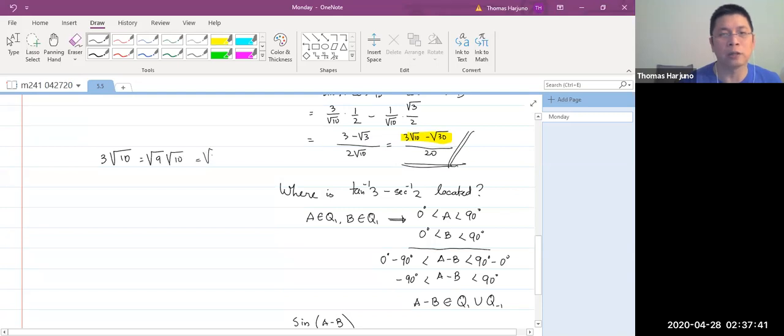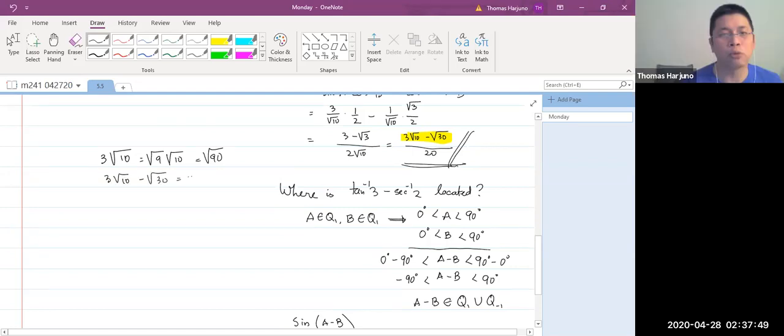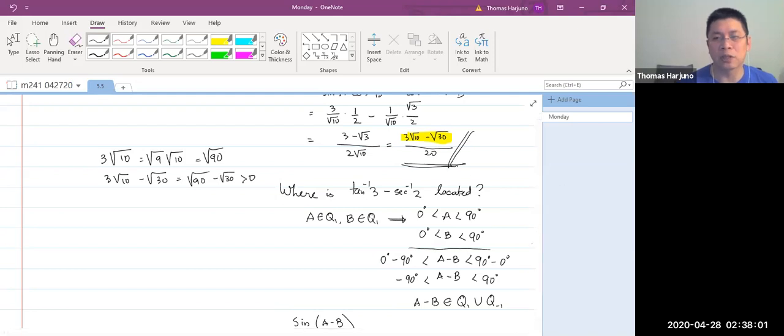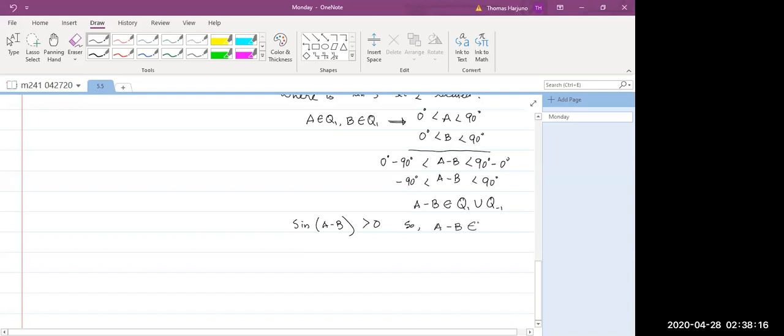That's square root of 90, right? So 3 square root of 10 minus square root of 30 is the same as square root of 90 minus square root of 30. We can be sure that's positive, right? Divided by 20, that's still positive. Therefore, the sine of the difference is positive. Now, sine is positive in quadrant 1 or quadrant -1? Quadrant 1. That's in quadrant 1.